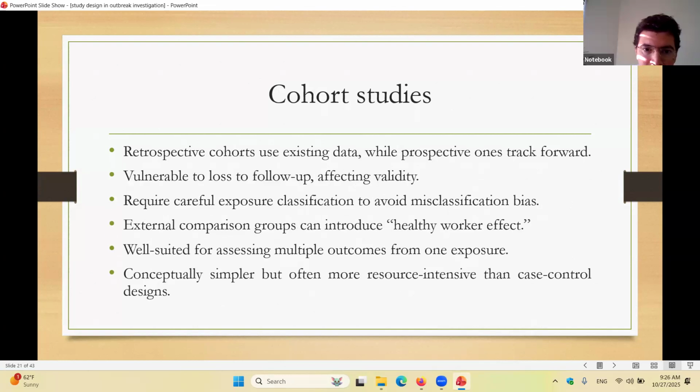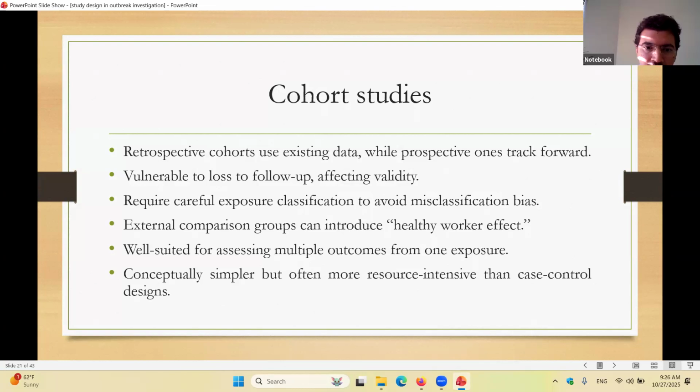Retrospective cohorts use existing data while prospective ones track forward. Vulnerable to loss to follow-up affecting validity. It requires careful exposure classification to avoid misclassification bias.